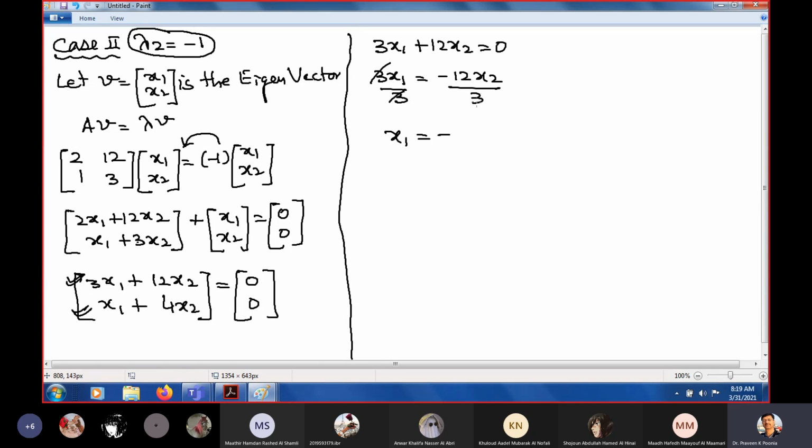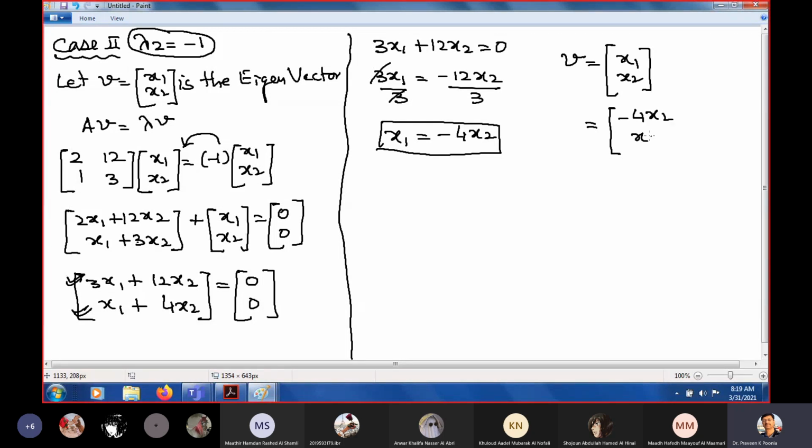Yes, it is 4x2, so x1 equals minus 4x2. So what is the eigenvector? The eigenvector v is x1, x2, and put the value of x1, it is minus 4x2, and here is x2. Taking x2 out, so minus 4, and here is 1.